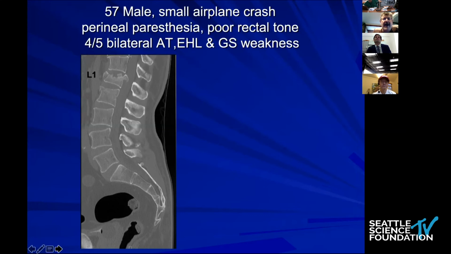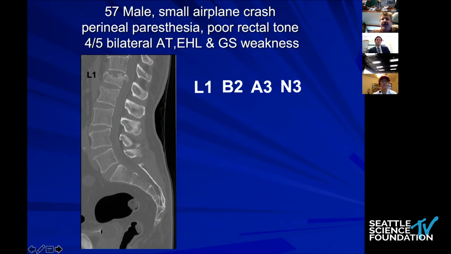So if we go back to our patient and we look at this, it's really easy to classify this in the AO classification, and we could be very accurate and communicate. So this is an L1 fracture that would be a B2 injury initially because it disrupts the posterior ligamentous complex, with an A3 component, burst involving the superior end plate.